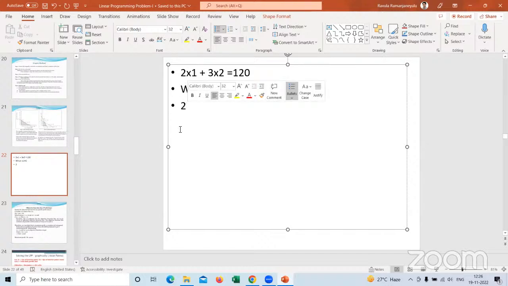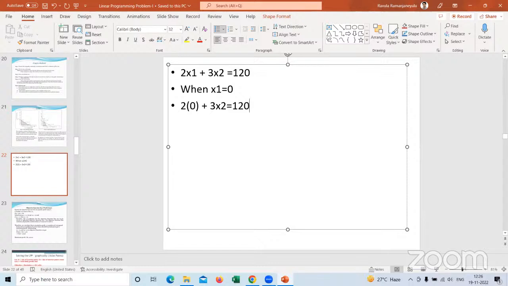That means it is passing through the axis. If we consider 0 in the place of x1, then 3x2 is equal to 120.